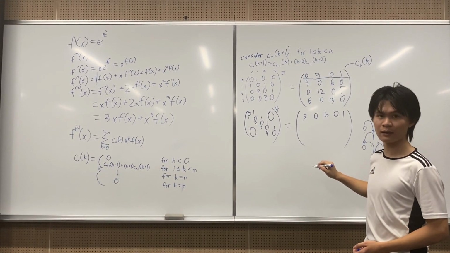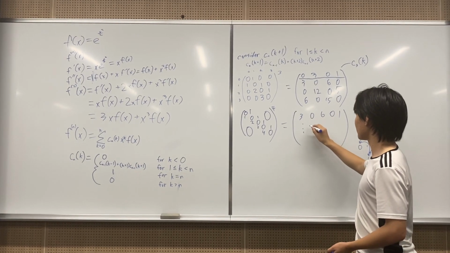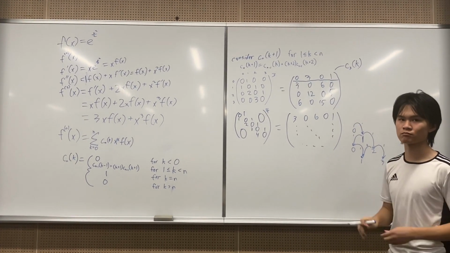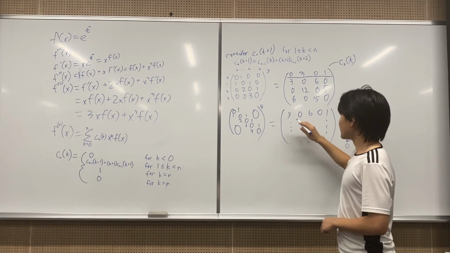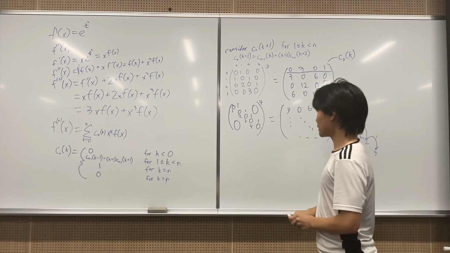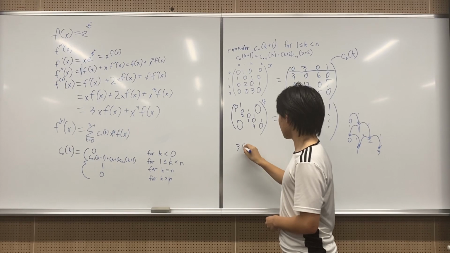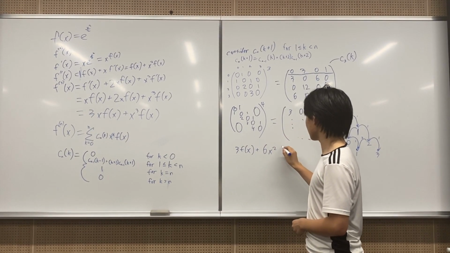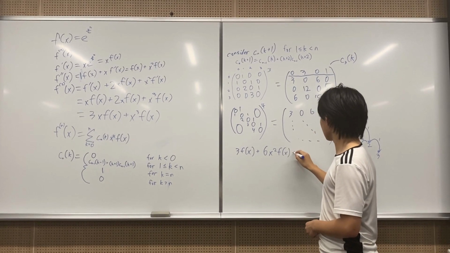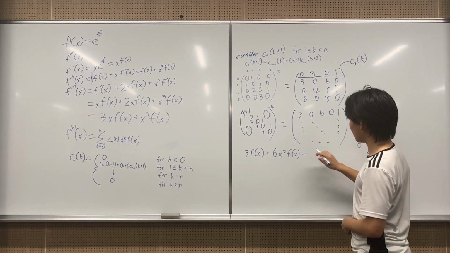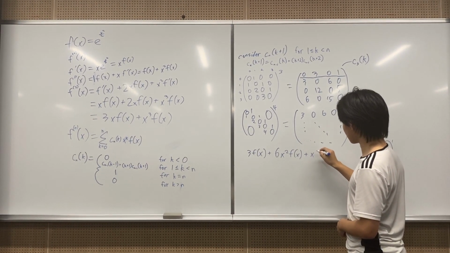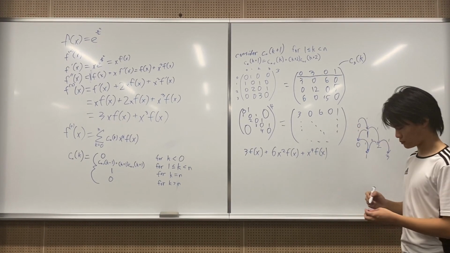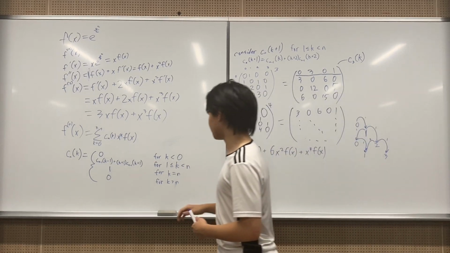And honestly, we don't really care about what the rest of the matrix is. And so theoretically, the fourth derivative should be 3f of x plus 6x squared f of x plus x to the fourth f of x. So let's see if that's true.